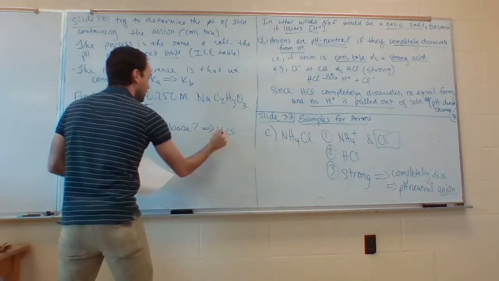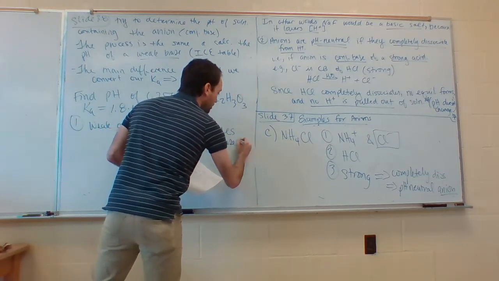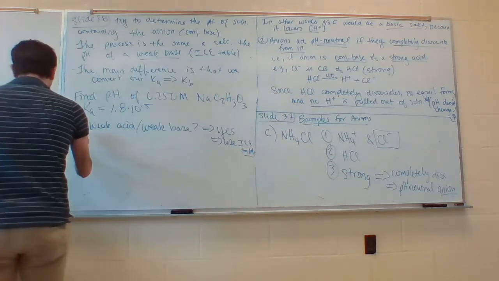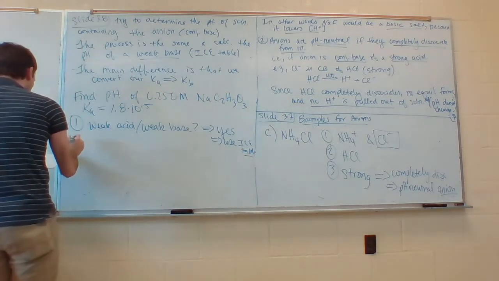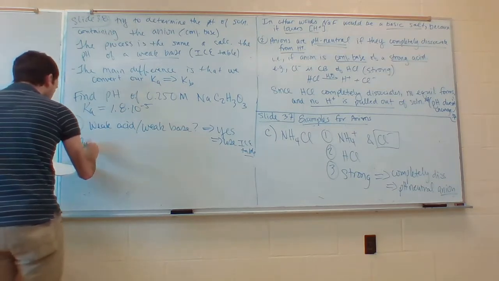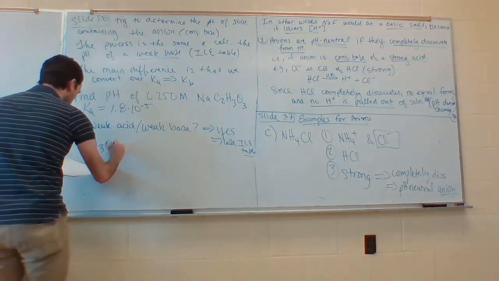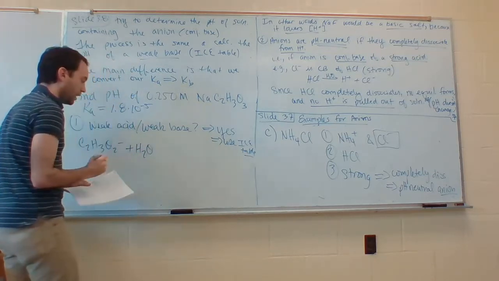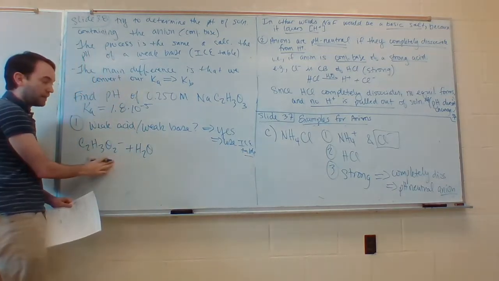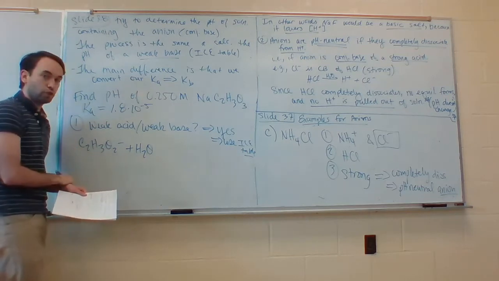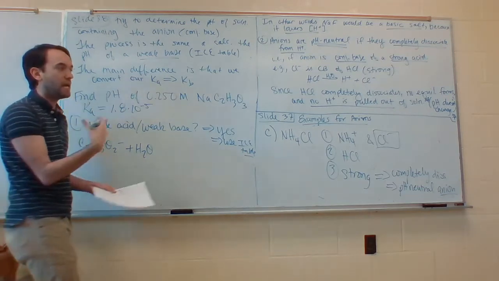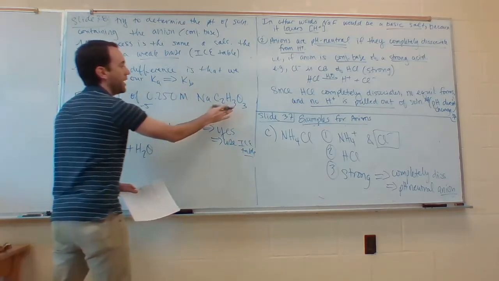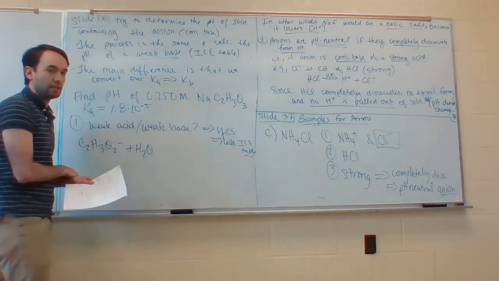That means that we are going to use an ice table. So setting up our ice table, we have C2H3O2 minus plus H2O. We're going to take our ion and we're going to add H2O because we don't have any H plus in solution, because all we've done is add sodium acetate into solution.